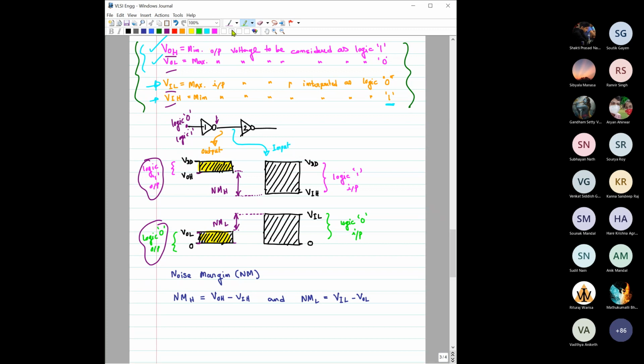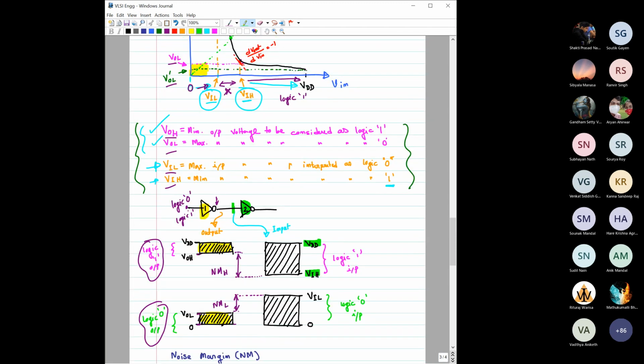Now let us shift our focus from this inverter to this inverter, and obviously its input side. How have we defined this input? If the input is at logic 1, then the maximum voltage can be VDD and the minimum would be VIH.